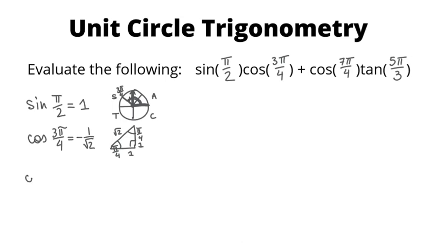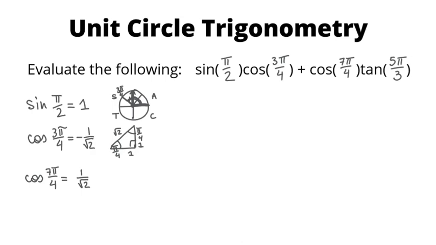Next, cosine of 7 pi over 4 is equal to, again, based on the same special triangle, pi over 4, pi over 4, pi over 2. So we're looking for cosine of pi over 4, which again is 1 over square root of 2. And then we need to locate where 7 pi over 4 is.